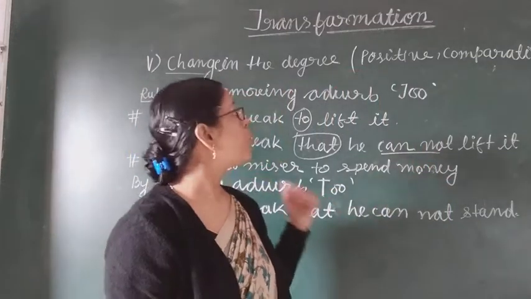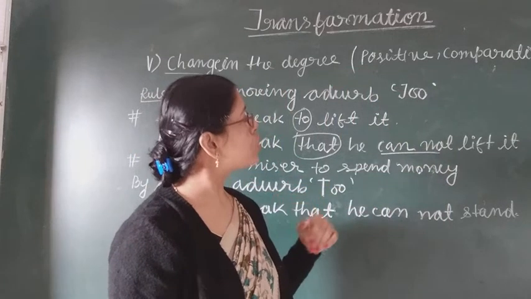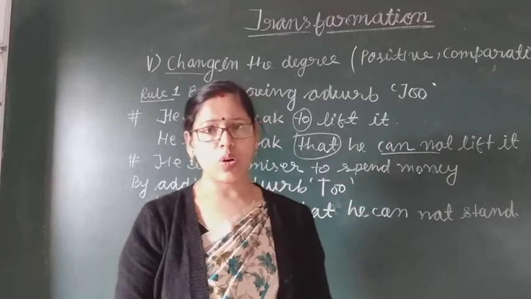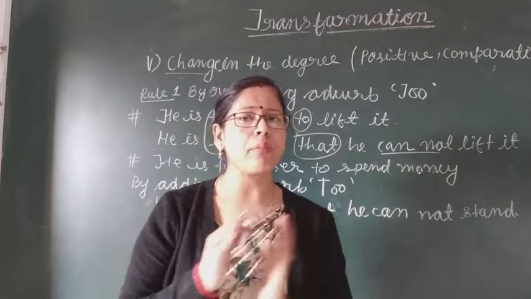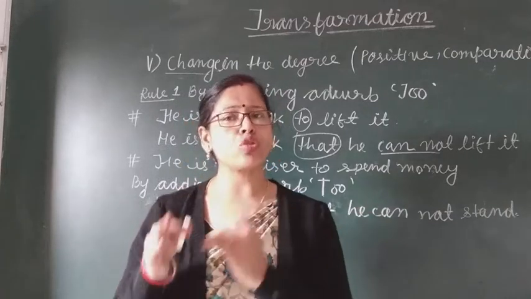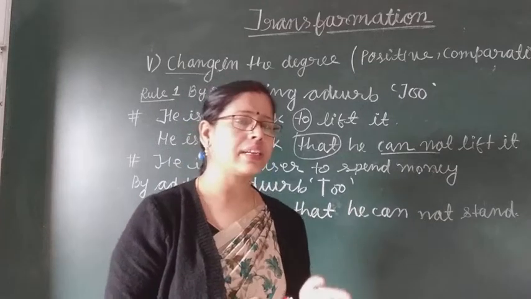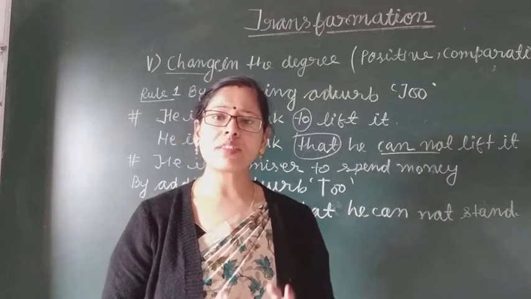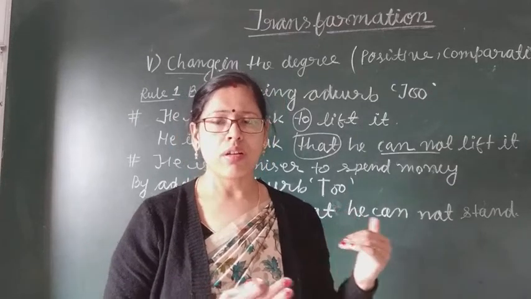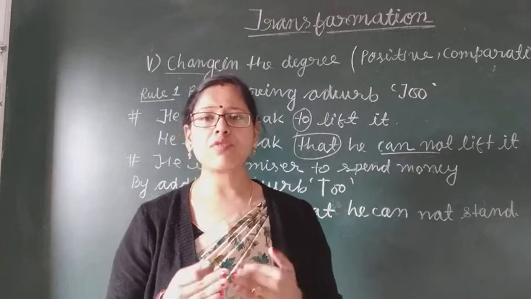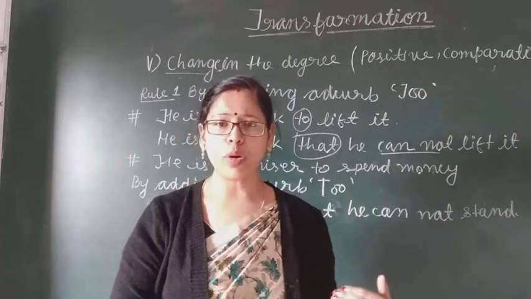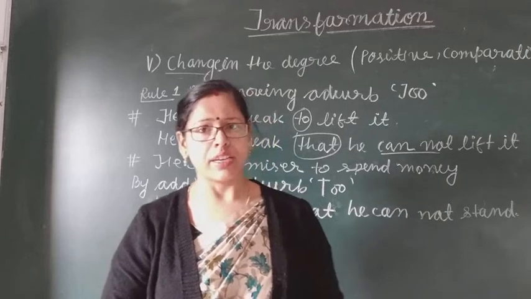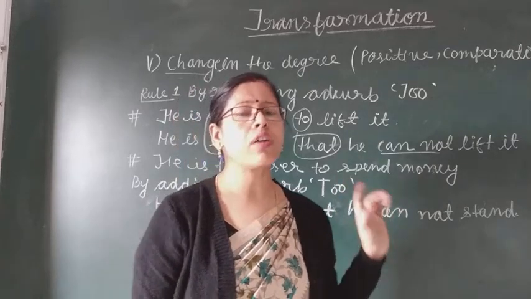Sometimes we are asked to change a sentence from comparative degree into positive degree, or from positive to comparative, or comparative to superlative, or superlative to comparative. Any question can be asked, so we have to be ready. So let's begin with rule number first.